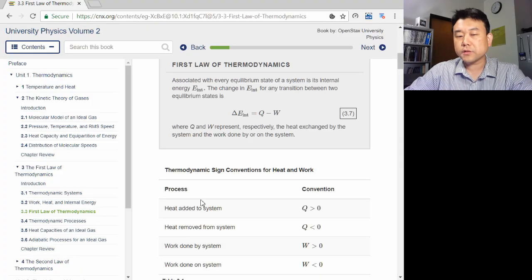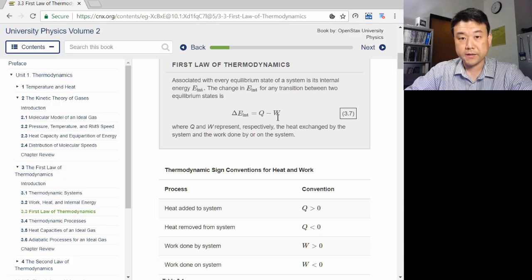Now, the first law of thermodynamics is another relationship with three dynamical quantities. It doesn't say that when gas does work, the internal energy always decreases. For example, in an isobaric expansion, the gas does work, so that part of the contribution is negative.